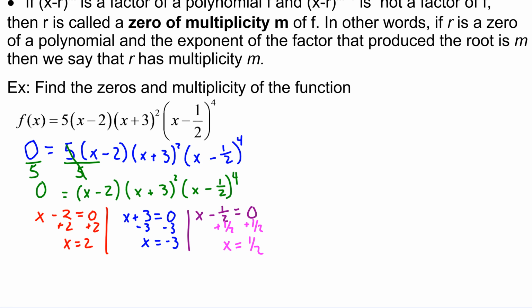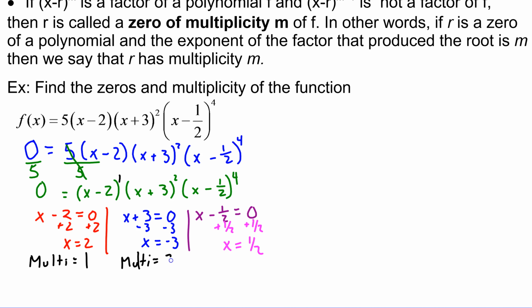Now we want to talk about their multiplicities. So the multiplicity is referring to how many times that 0 is repeated as a factor. So for the x minus 2, we only see it occurring once, and in fact it does have an implied power of 1 if we don't see any powers there. So we would say it has a multiplicity of 1. The x minus 3, when we had it in the factored form, had a power of 3 on it.